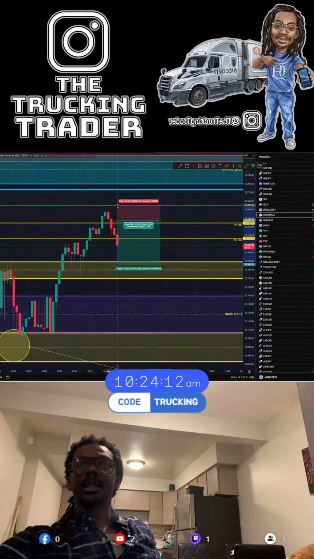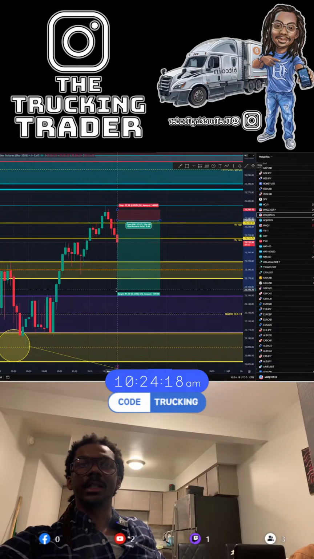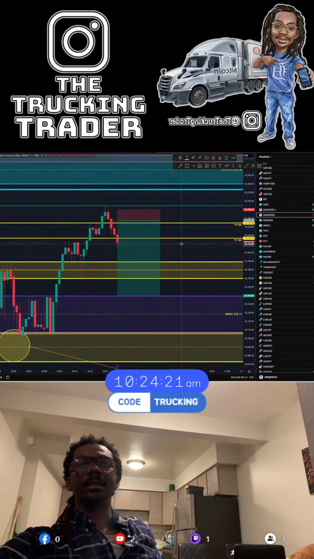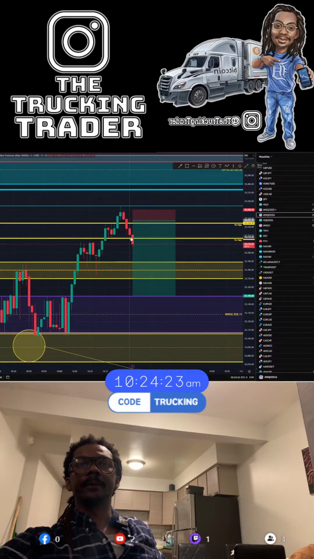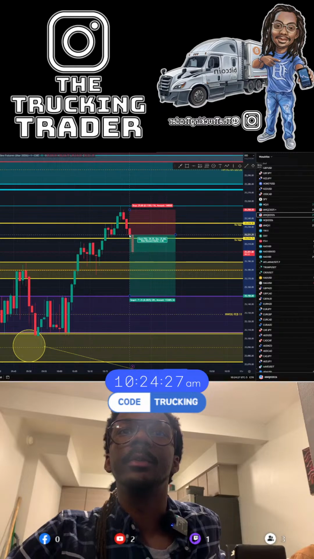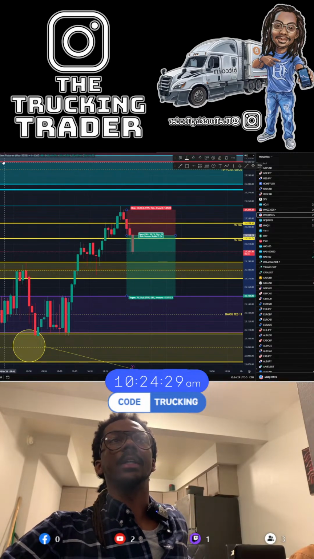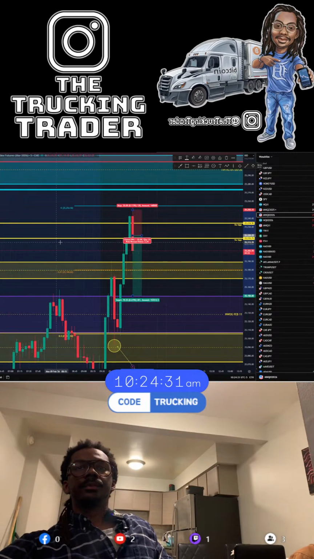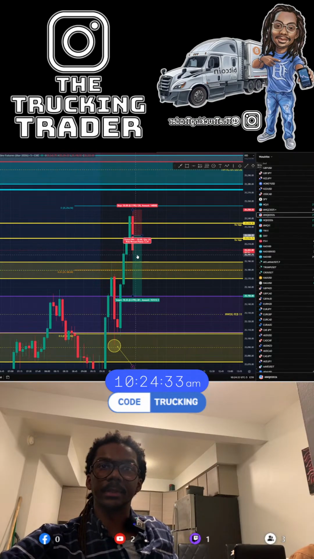As much as I don't want to get tricked, because NASDAQ can do some very sketchy stuff when you try to counter trend. Even if you're right, sometimes it's just not worth it. And look, now it's moving extremely fast to the downside.